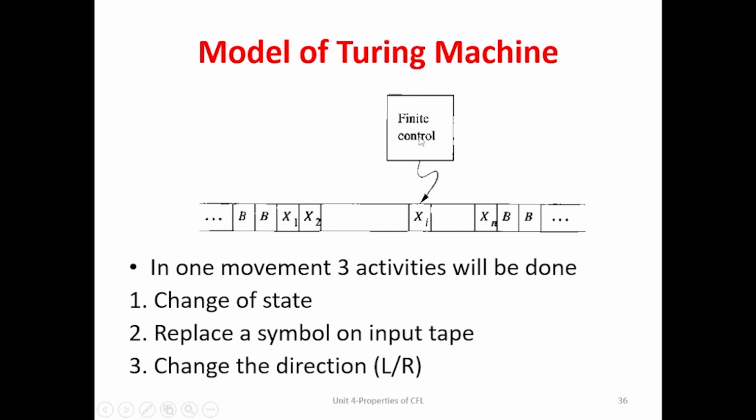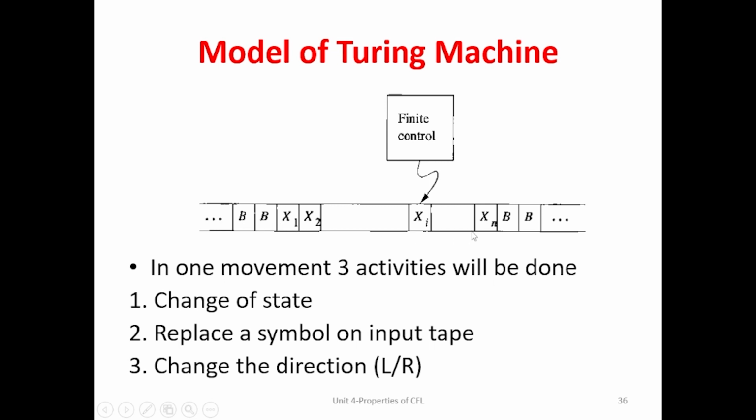So at a time the finite state control is at a particular state, and it reads a cell in the infinite length tape. Initially, all the cells in the infinite length tape contain a blank symbol, which is represented with the capital letter B. So capital letter B represents a blank space.